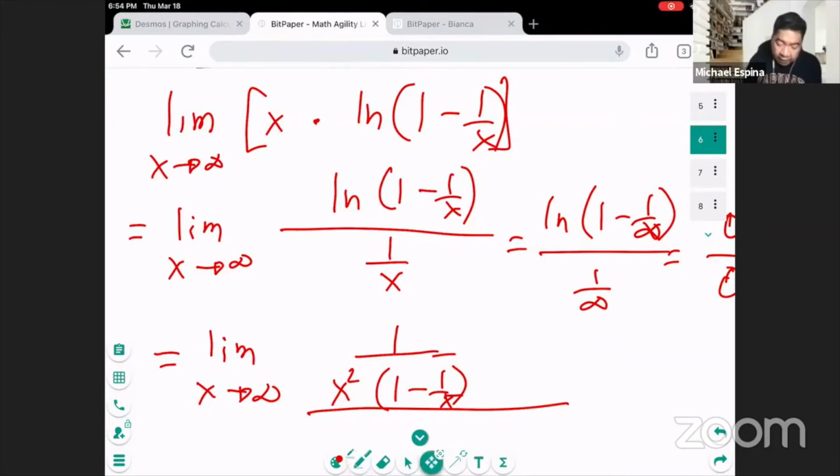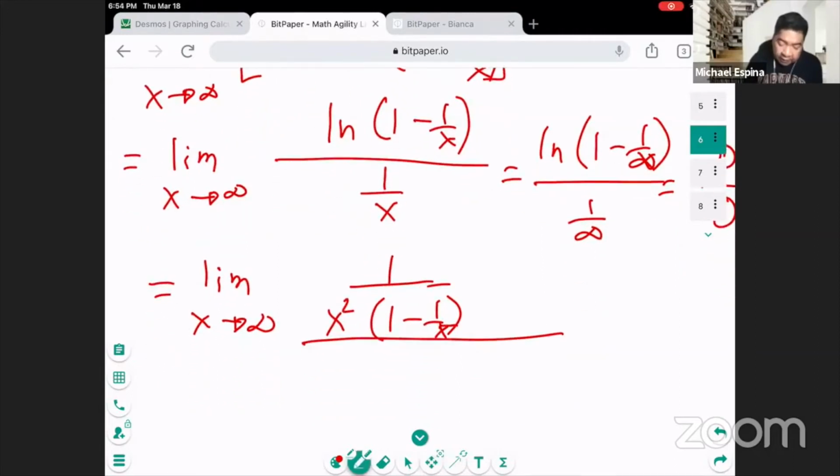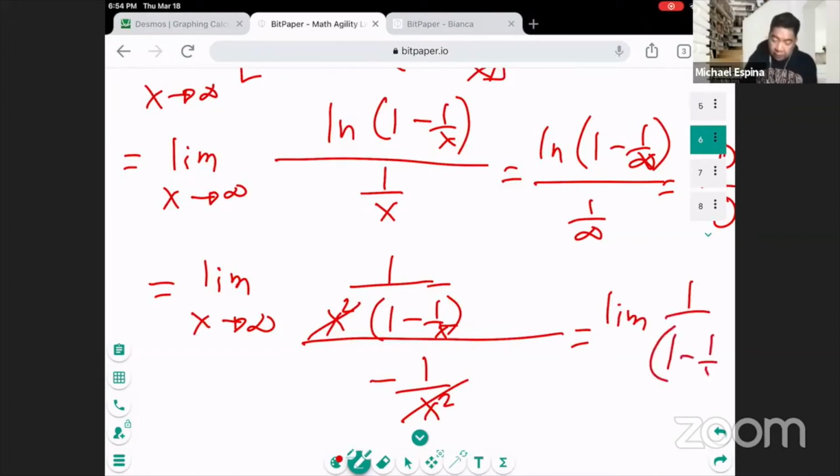For the denominator, the derivative of 1 over x is negative 1 over x squared. If we simplify this, x squared cancels out, and we have the limit of negative 1 over (1 minus 1 over x) as x approaches infinity.